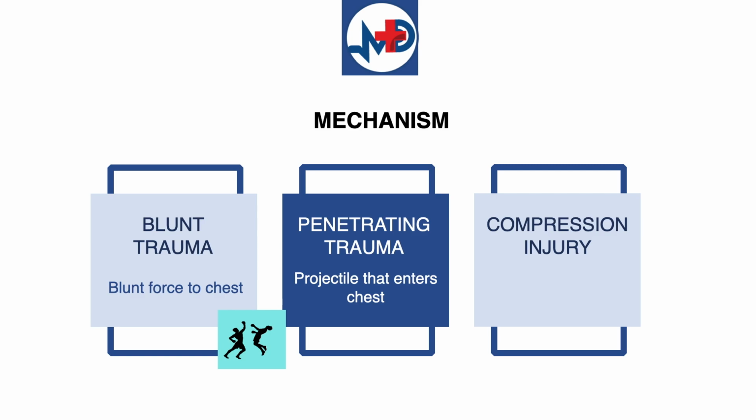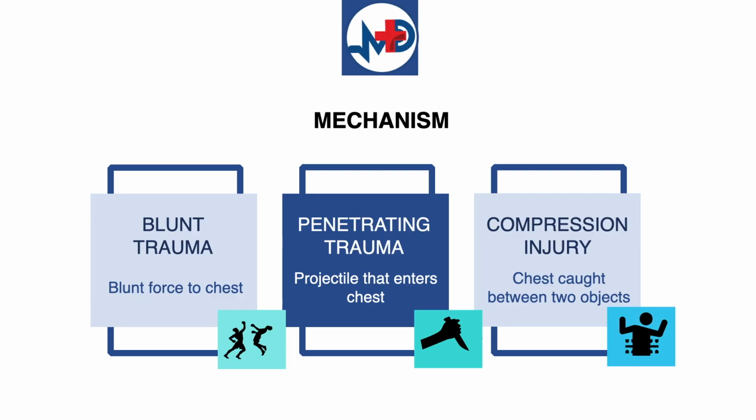Examples include gunshot wounds or stab wounds. Compression injury, on the other hand, happens when the chest is caught between two objects and it is compressed. Understanding the different mechanisms of trauma provides insight into the possible injuries sustained and decides the mode of management.